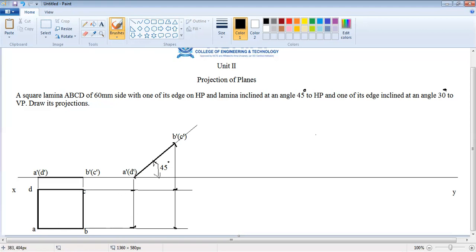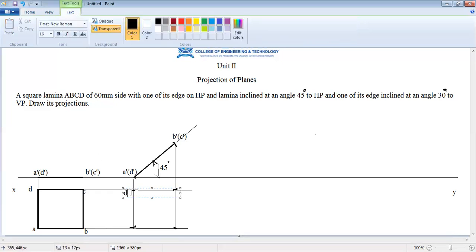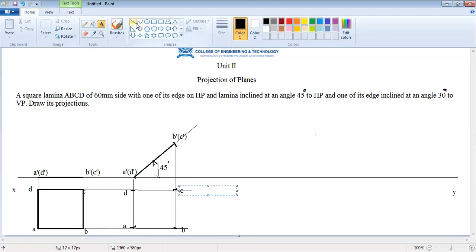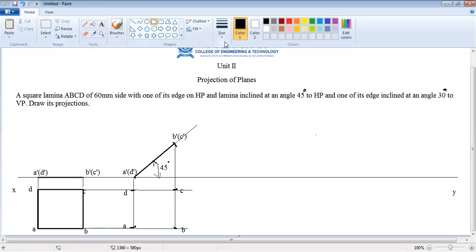The intersecting point is D and D, so we mark it as D. And here the intersecting point is A and A. Here B and C. So we will get a rectangular shape in the top view. Darken the rectangular shape.